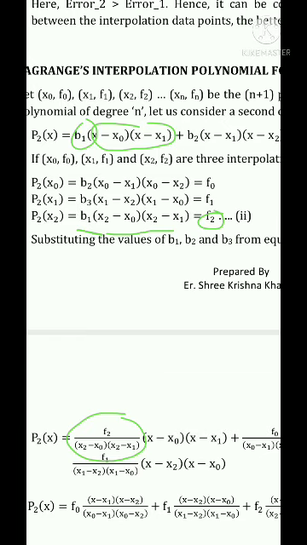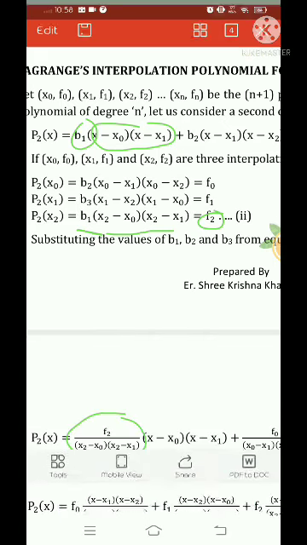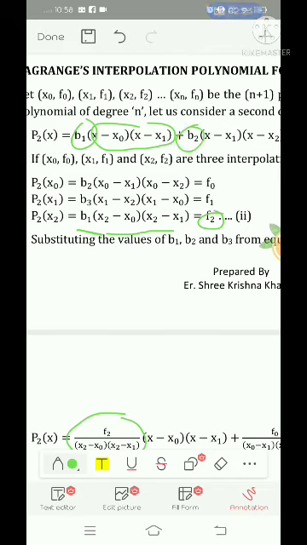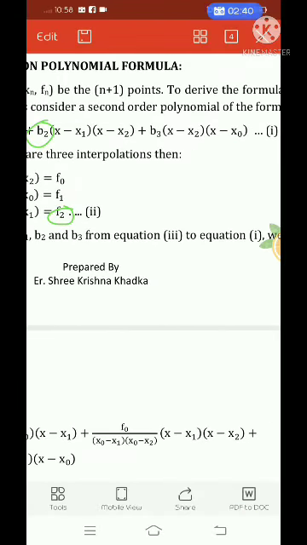While this b sub 2, let's annotate again. This b sub 2 comes from here. Okay, b sub 2 is simply f sub 0 divided by x sub 0 minus x sub 1 times x sub 0 minus x sub 2.